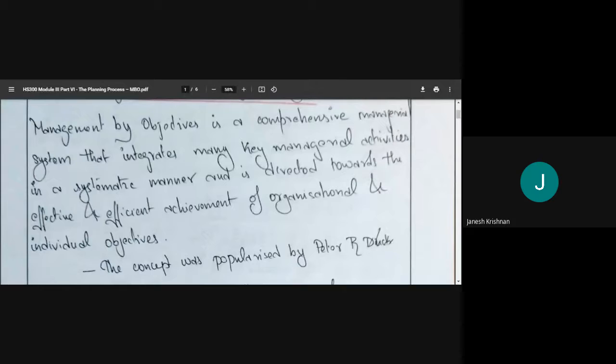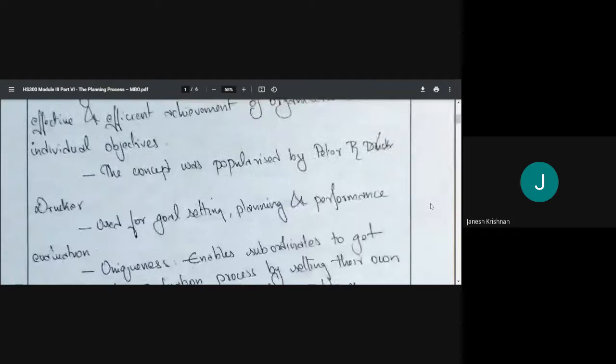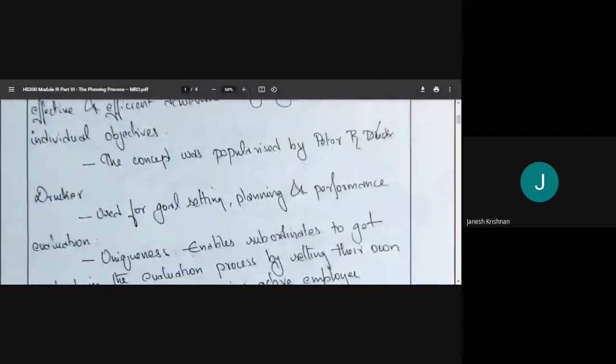So what is management by objectives? It is a comprehensive managerial system that integrates many key managerial activities in a systematic manner. That's important. This concept was popularized by Peter R. Drucker.